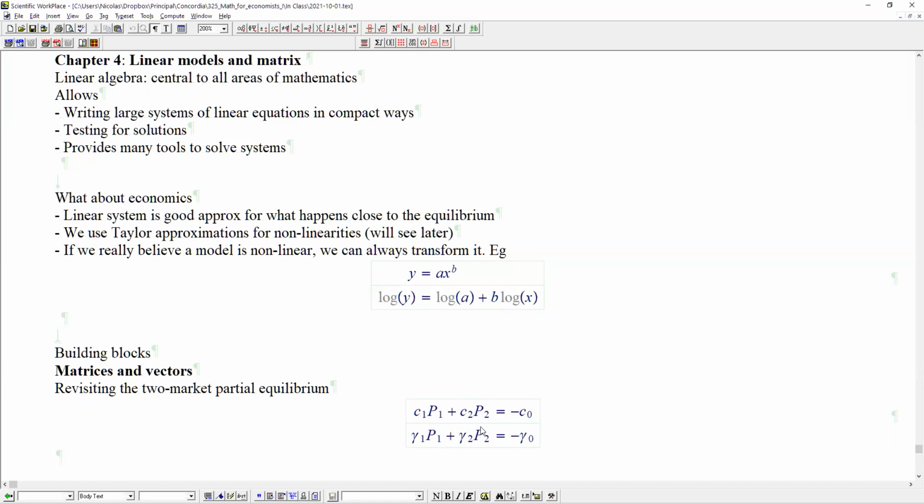So this is just a two equation system with two variables, P1 and P2. And these are just parameters. This is gamma, a Greek letter, and this is C, a Latin letter. So what we want to do is rewrite it this way.